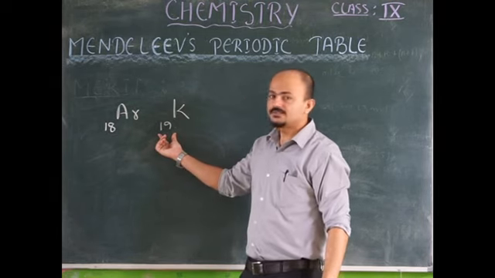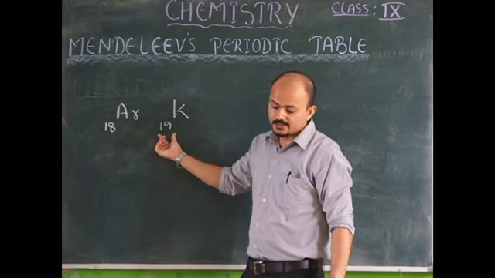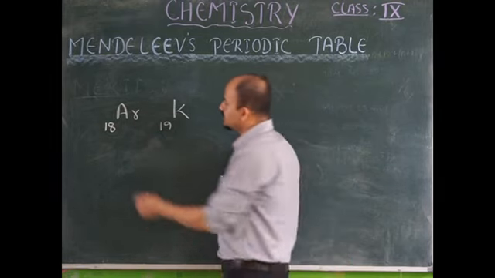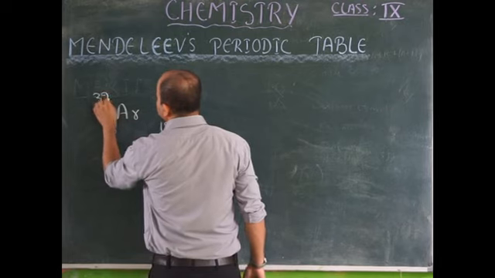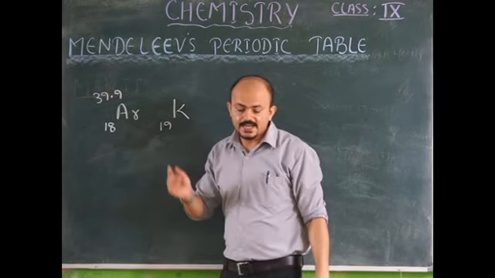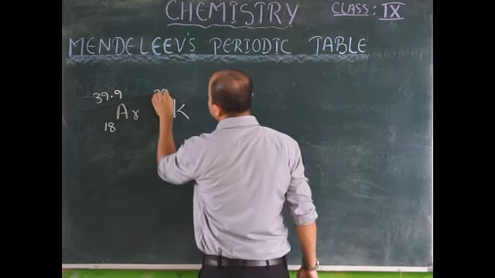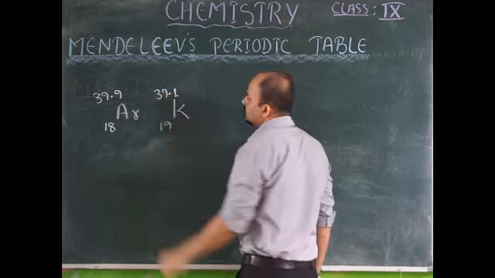Now, if you consider atomic masses, then you can see that argon has an atomic mass of 39.9 and potassium has an atomic mass of 39.1.